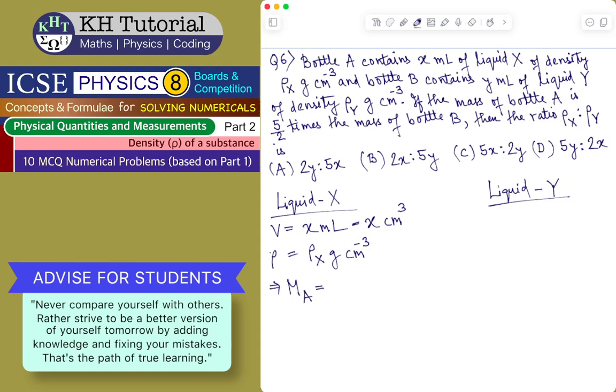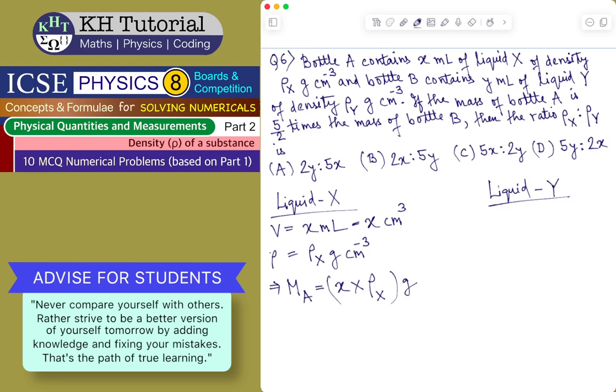So we can assume without any problem that the mass of the bottle will be equal to the mass of the X ml of liquid X. So if we denote MA to be the mass of the bottle A containing liquid X, it will be X multiplied by rho X, this much gram.